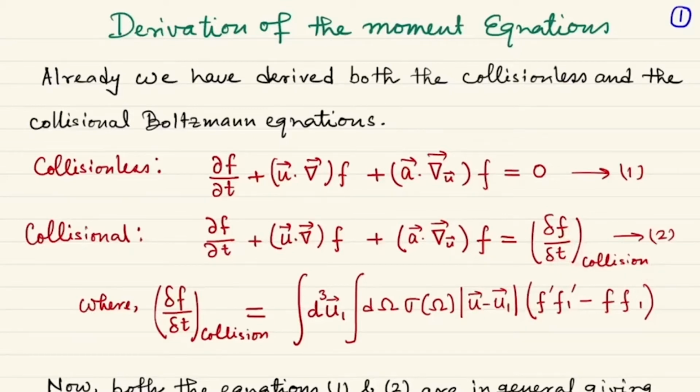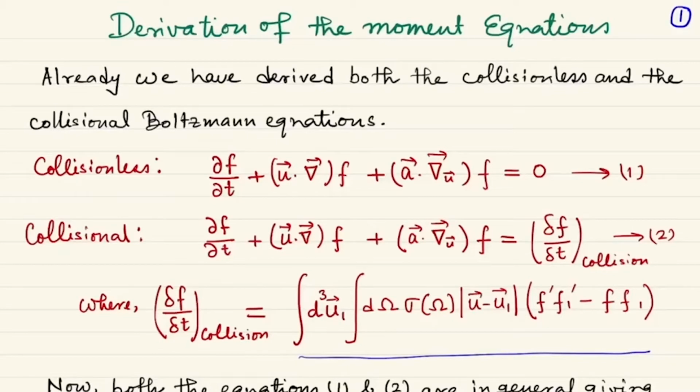And we know that for a normal elastic binary collision, which is a very simplistic case, but very reasonable for microscopic cases, for example the kinetic systems of gas molecules, the collision integral should look like this: an integration over d³u₁, integration of σ(Ω) dΩ |u − u₁| (f′f₁′ − ff₁).